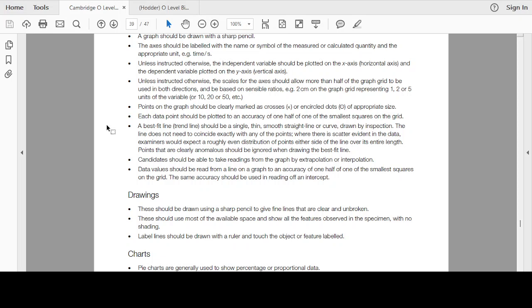Independent variables are the parameters that I am changing in the experiment to test something. So taking a different example, I am changing the light intensity to test the rate of photosynthesis of a plant. Now we know that light is required for photosynthesis.